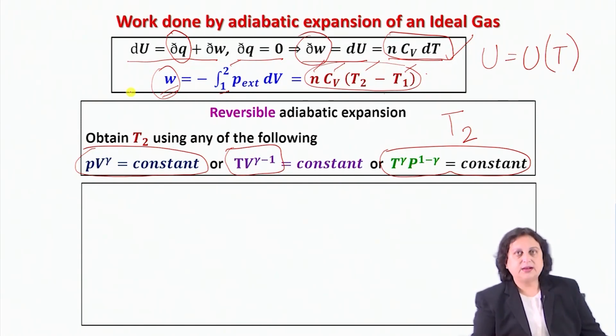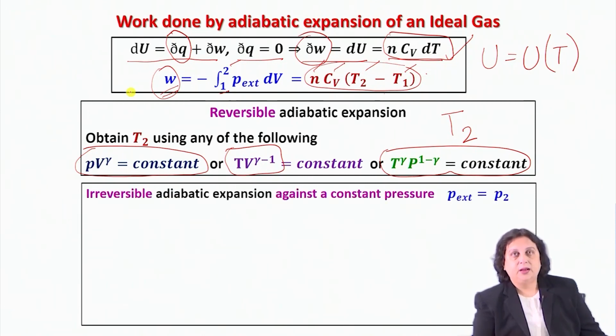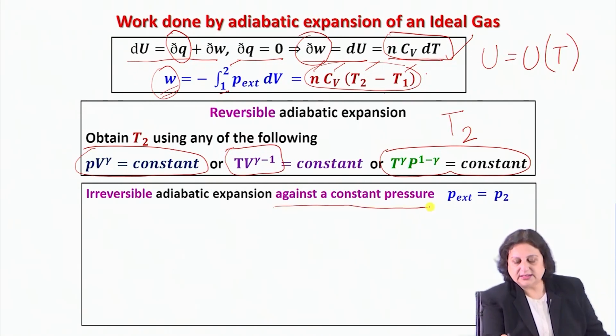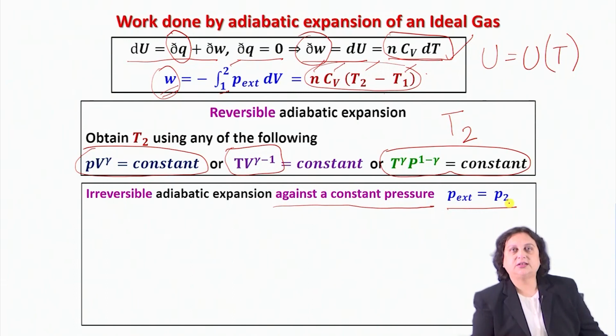But similar considerations do not apply when you are dealing with an irreversible adiabatic expansion. When you are carrying out an irreversible adiabatic expansion, you are doing so against a constant external pressure, and let us say that under such condition P external is equal to P2, that is the constant final pressure of the gas.